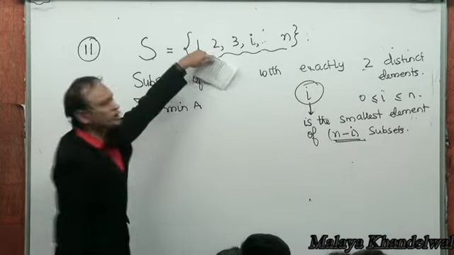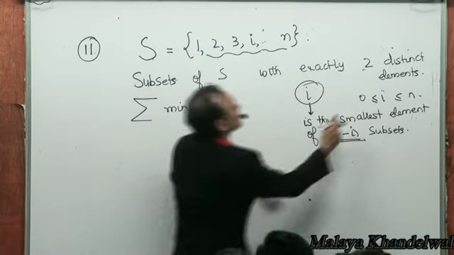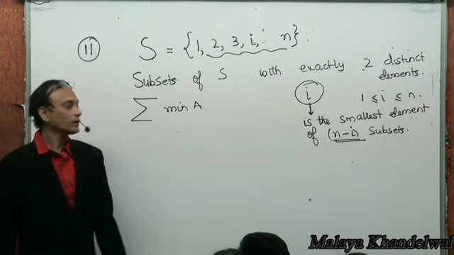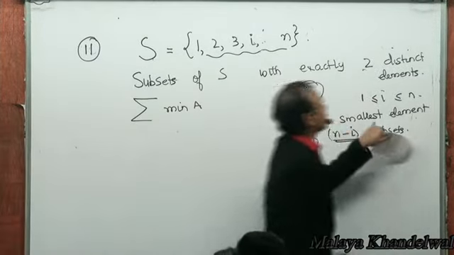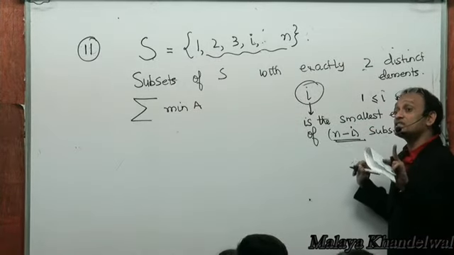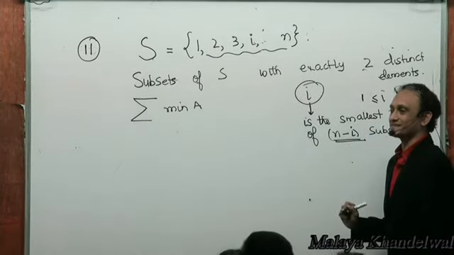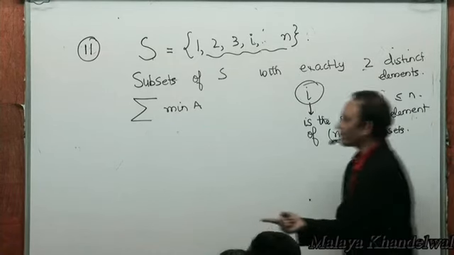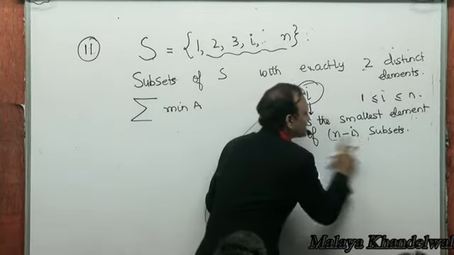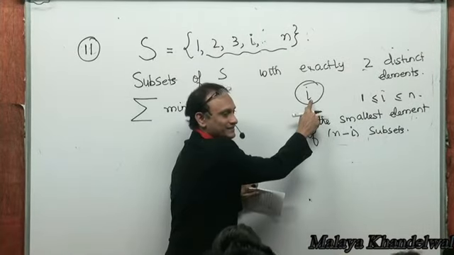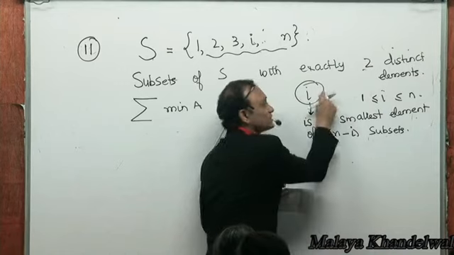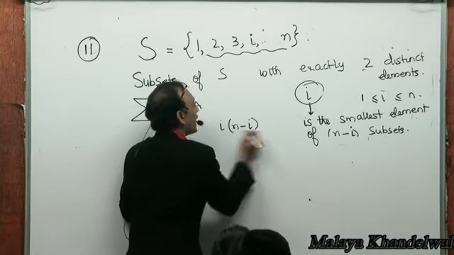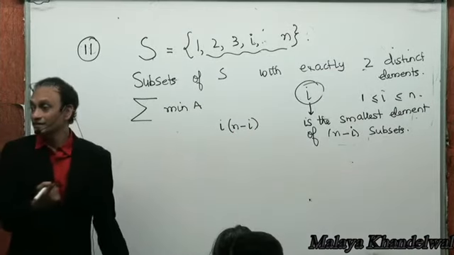Well, 0 is not included here. Okay, sorry. So in this case, i lies between 1 and n. Do you understand this? i is the smallest element of n minus i subsets. i can range from 1 to n. So in these n minus i subsets, if you add their i's, what do you get? i into n minus i, because i appears n minus i times.